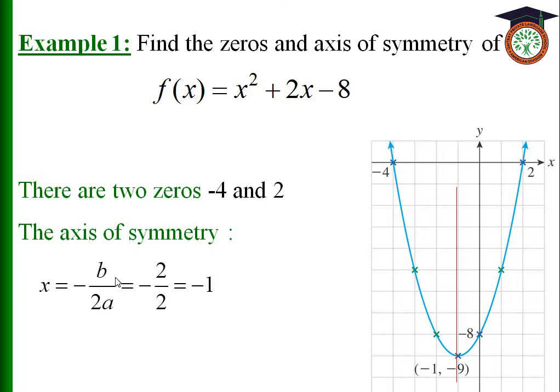So when we use the rule, negative b gives us negative 2, and 2 times a is 2 times 1, so negative 2 over 2 gives me negative 1. So we can draw the axis of symmetry at x equals negative 1. As we see here, this is the axis of symmetry, the red line.